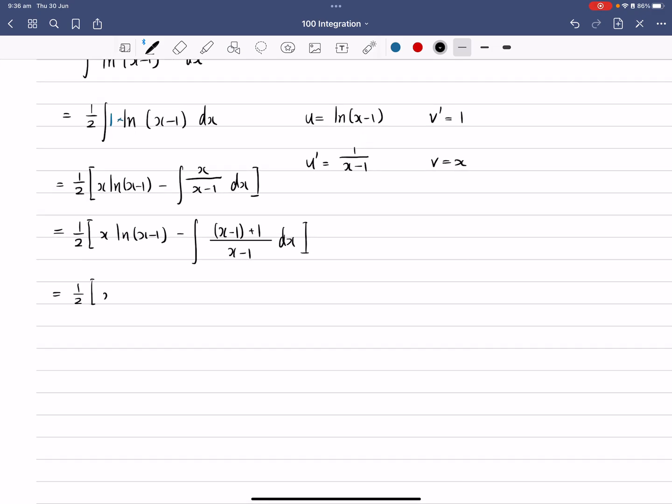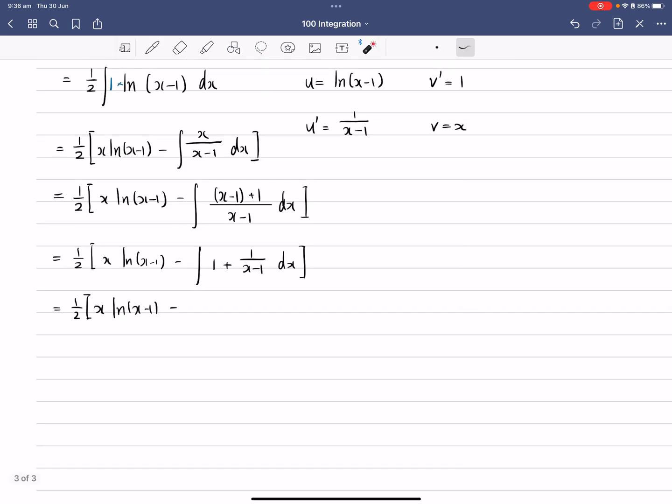Okay, so that should give us x ln x minus 1 minus. For this one, we can separate the fractions into two parts. So we've got this part here, which gives you 1, and plus 1 over x minus 1. So now it's quite easy to integrate that term here.